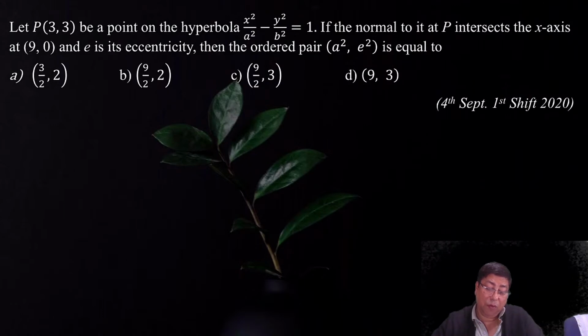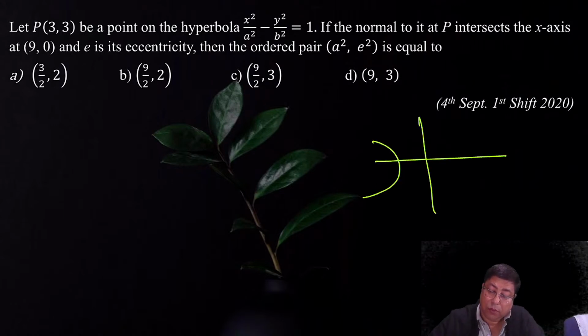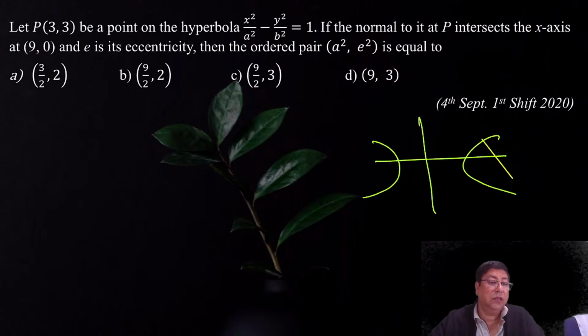If the normal to it at P intersects the x-axis at (9, 0), and e be the eccentricity, then the ordered pair is this.